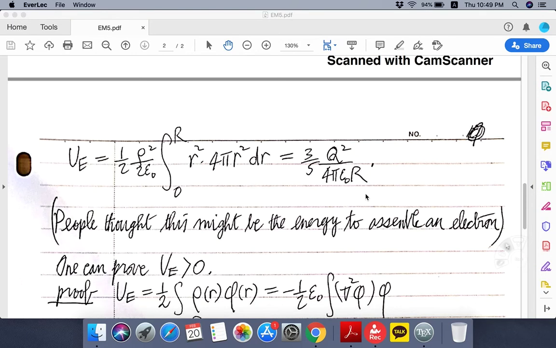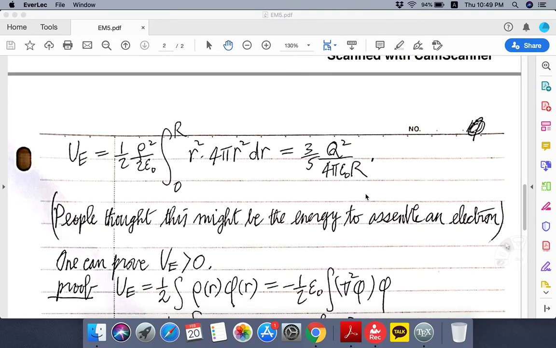But for historical trivia, it's perhaps useful to remember that people were seriously thinking about applying this sort of formula to associate some sort of electrostatic energy to the electron itself. And I think there were even attempts to equate this thing to m times c squared, where m is the mass of an electron and c is the speed of light.